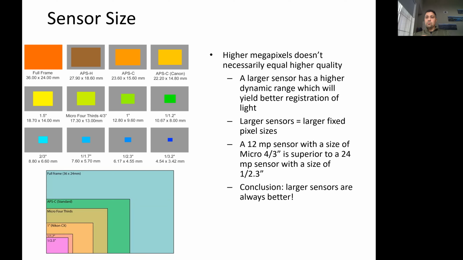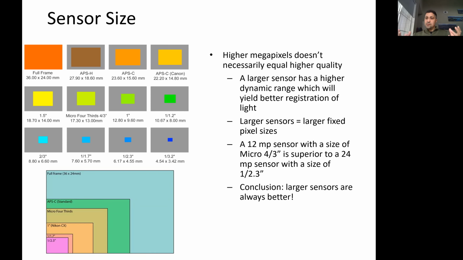The range, in particular, we call it the dynamic range, of how that camera adjusts itself is really important. The higher that dynamic range, the more contrast, detail, and sharpness things are going to come out with. So the higher dynamic range, you're going to yield better registration of light.